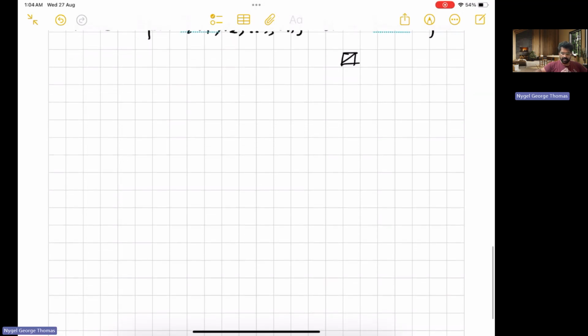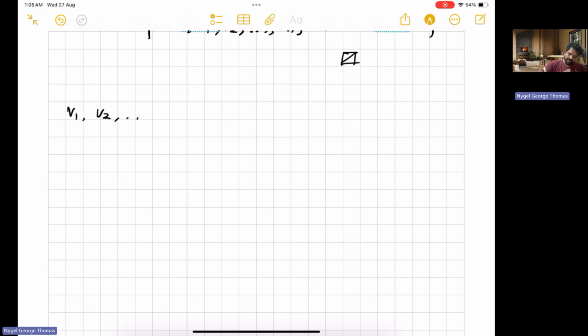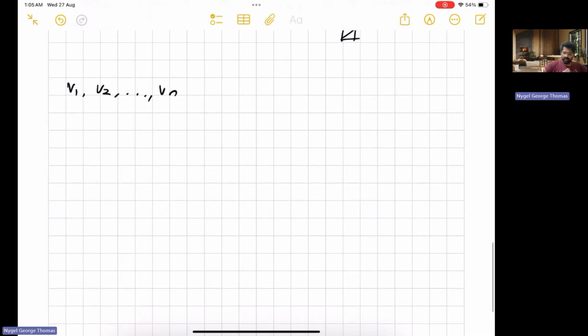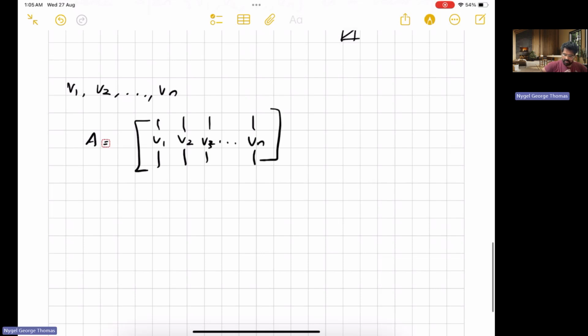We have vectors v1, v2, etc., vn. We've already seen that we can stack these vectors as columns of a matrix. What will be the dimension of this matrix?